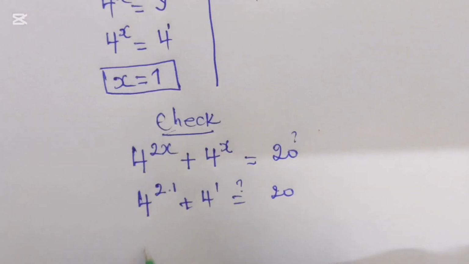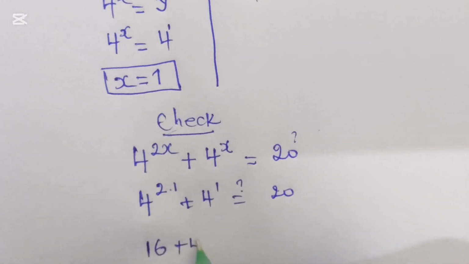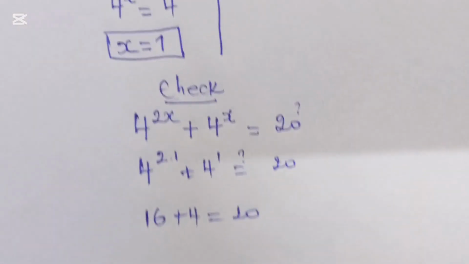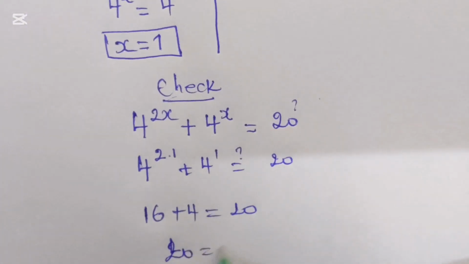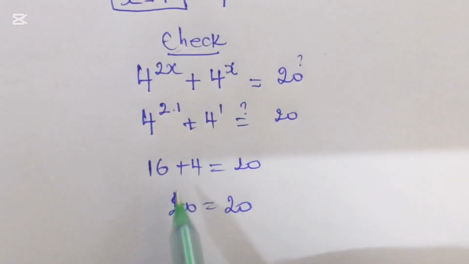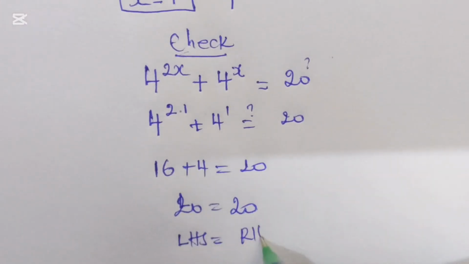So 4 squared is equal to 16 plus 4 which is equal to 20. And then here 20 will be equal to 20. Then the left hand side equals the right hand side.